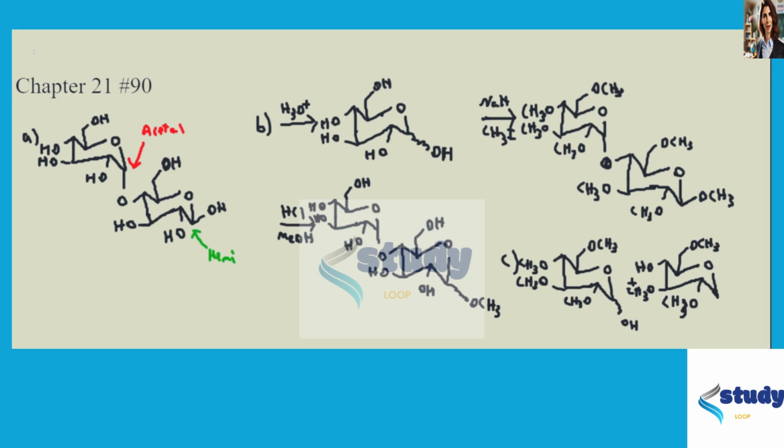And then again, we'll have an alcohol here that can be either axial or equatorial. And so those are the two products that we would get from treating the molecule immediately above it, part 3 of B, with aqueous acid. And so that's the answer to Chapter 21, problem number 90.